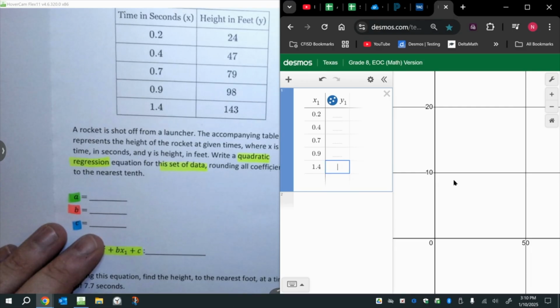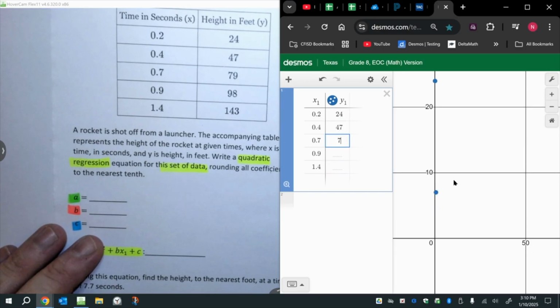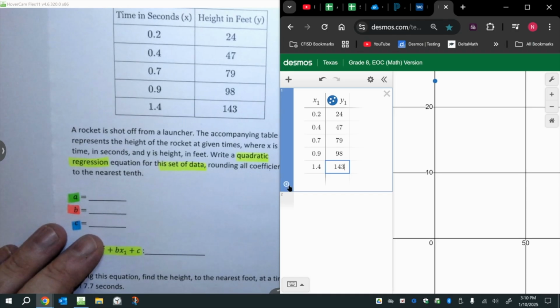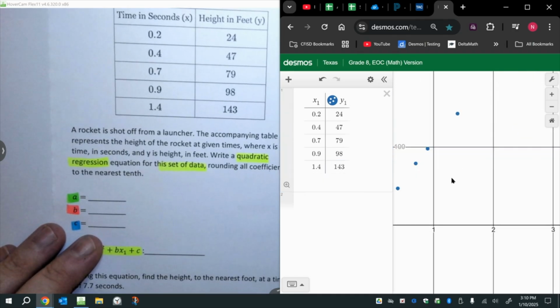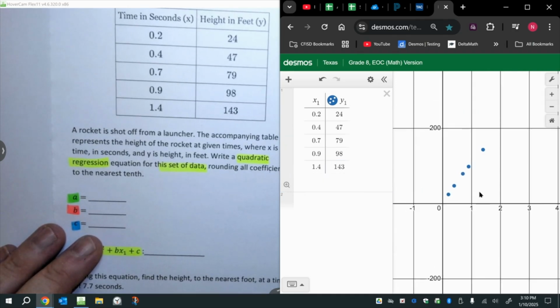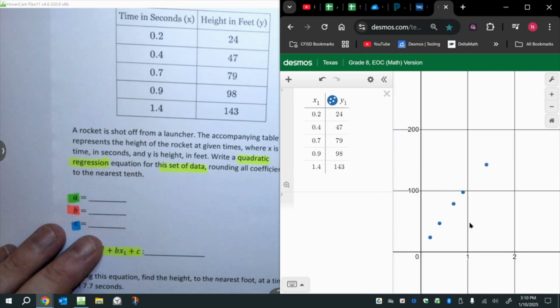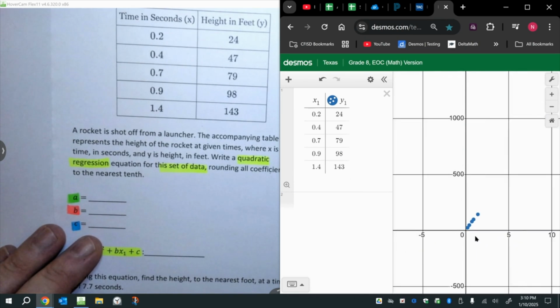And then I got 24, 47, 79, 98, and 143. Again, you hit the magnifying glass, it'll focus in on these. Should start making a quadratic function. I don't really know what that's looking like right now, but let's see what we can come up with.